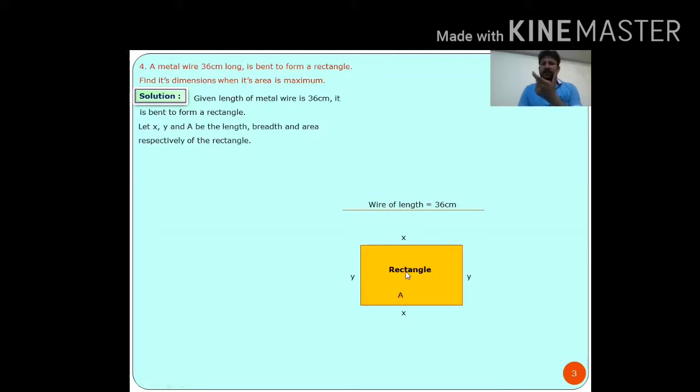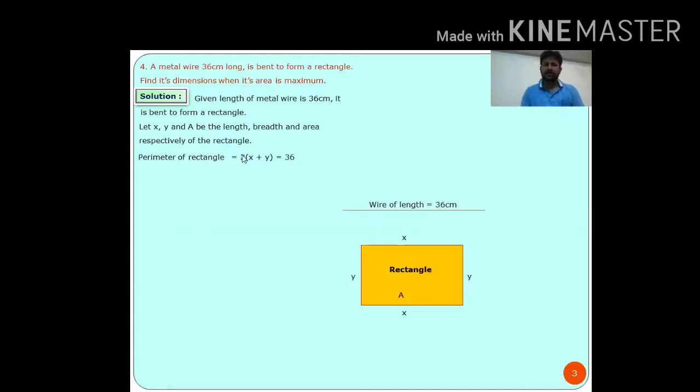The length of wire that is bent to form the rectangle becomes the perimeter of the rectangle. You know the formula for perimeter: x plus y plus x plus y, that is 2 times (x plus y). So 2 times (x plus y) is equal to 36 centimeter.